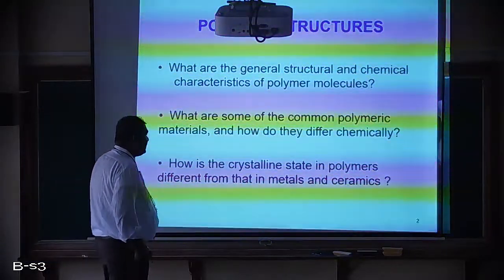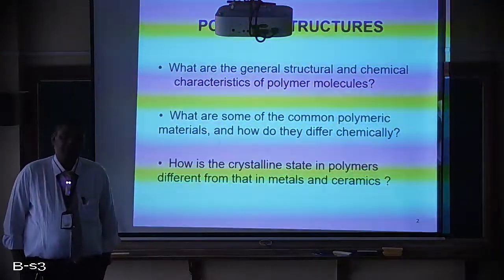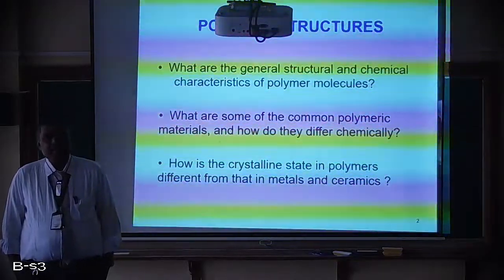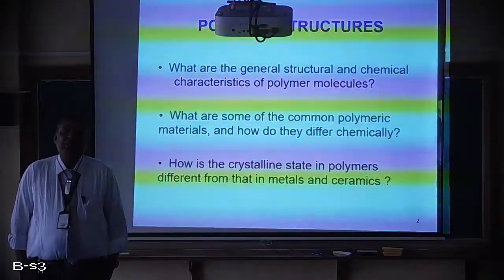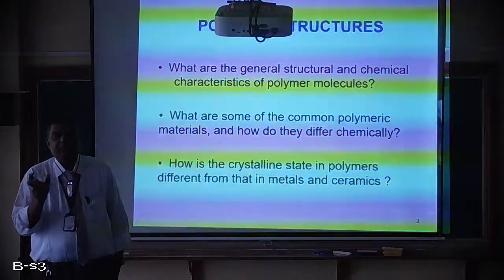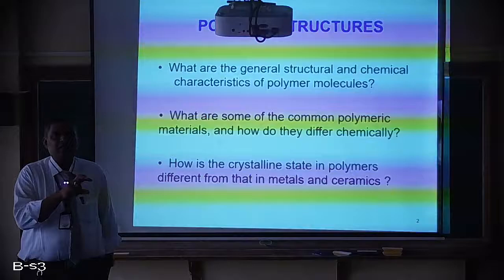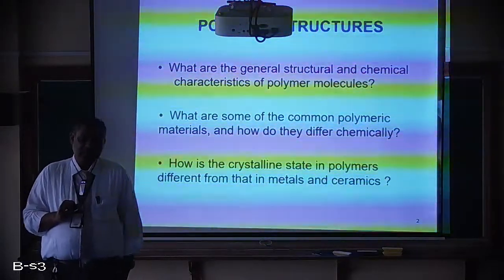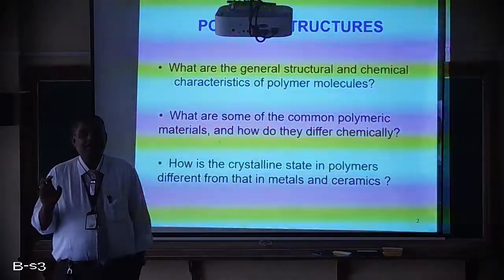How is the crystalline state in polymers different from that in metals and ceramics? As we discussed in earlier classes, metals are crystalline in structure, ceramics are non-crystalline, whereas polymers come in between the two. Hence they are called semi-crystalline, a combination of metallic and ceramic arrangements.